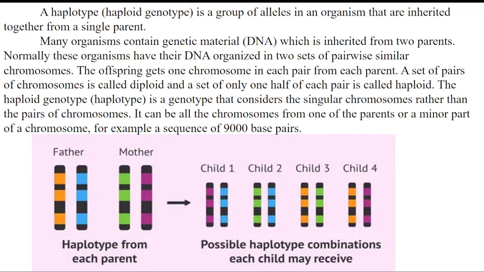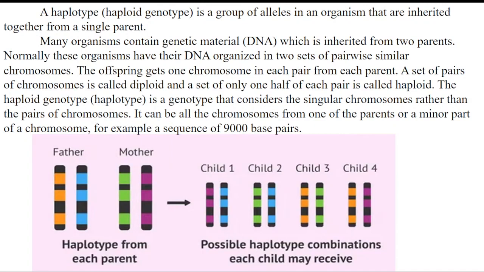The offspring gets one chromosome in each pair from each parent. A set of pairs of chromosomes is called diploid, and a set of only one half of each pair is called haploid. The haploid genotype, haplotype, is a genotype which considers the singular chromosomes rather than the pairs of chromosomes.